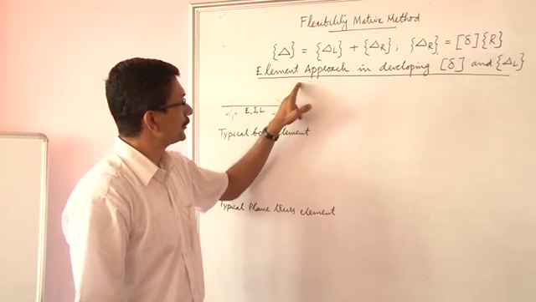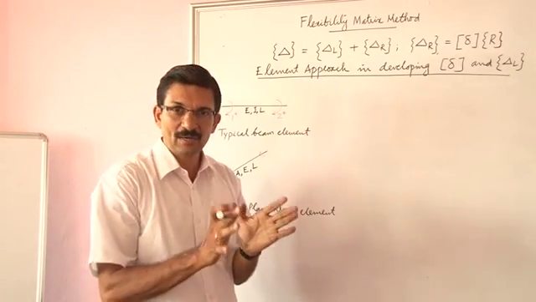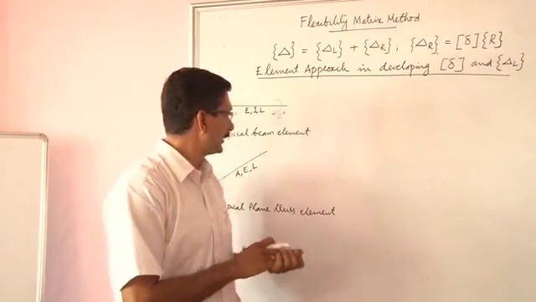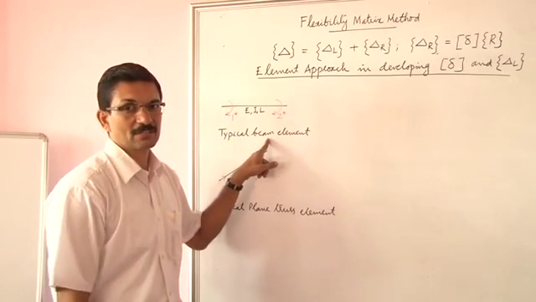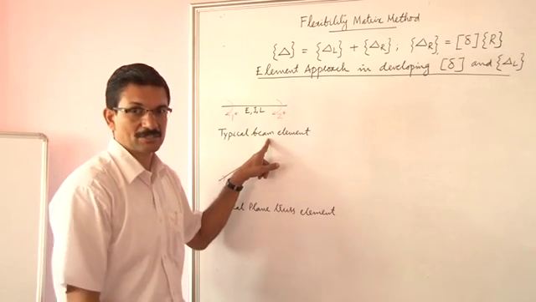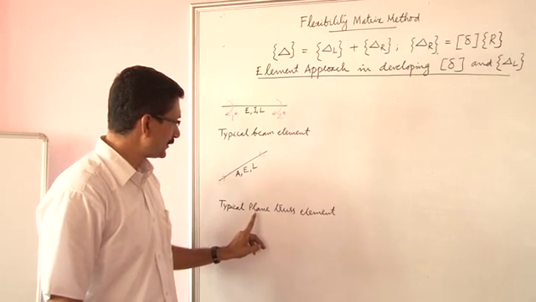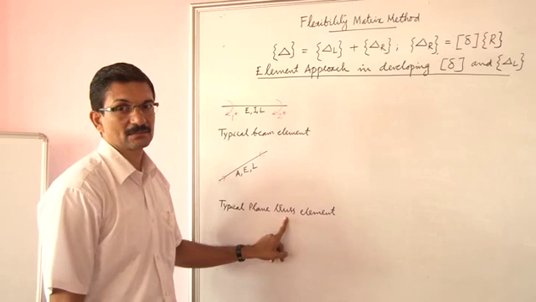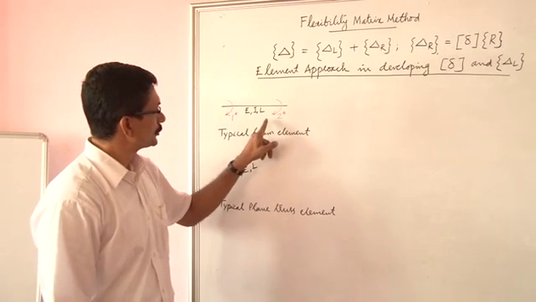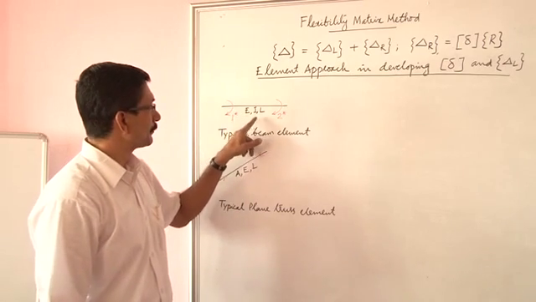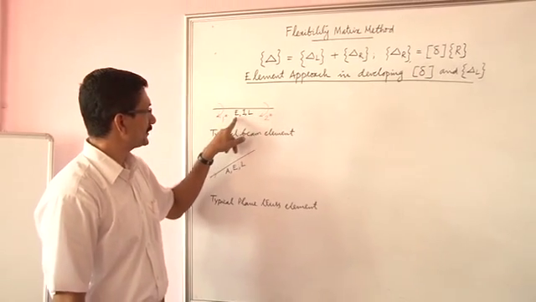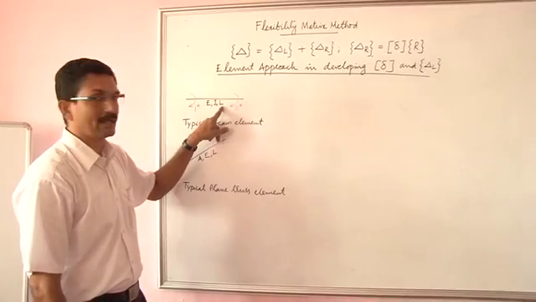Before going to the element approach, we have to see what is a typical element in a beam or a frame kind of structure, and a typical element in case of a plane truss structure. So this is a typical beam element having properties Young's modulus, second moment of area, and length.